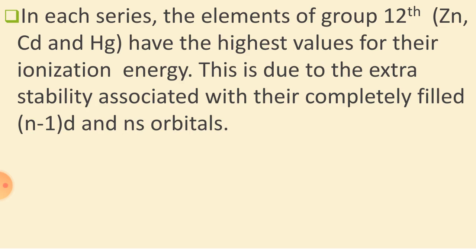You can also find this from the electronic configuration: zinc has outermost filled electrons 3d10 and 4s2. Similarly, cadmium has 4d10, 5s2. That's why they have more enthalpy of ionization. So this type of question may arise: why do zinc, cadmium and Hg have more enthalpy of ionization in each series? This is due to completely filled n-1d and ns orbitals.